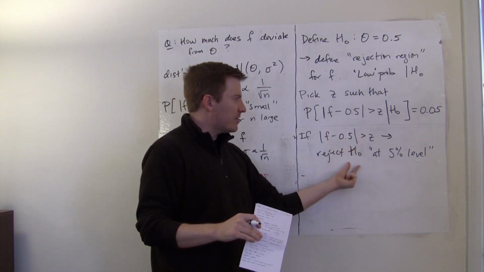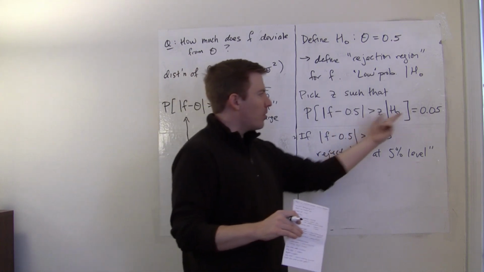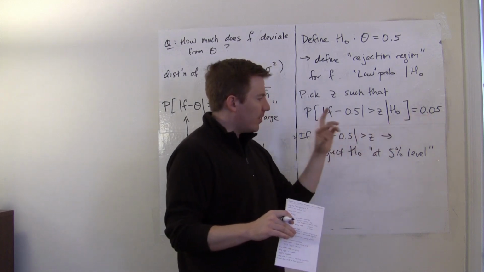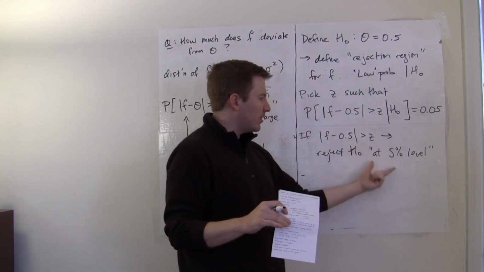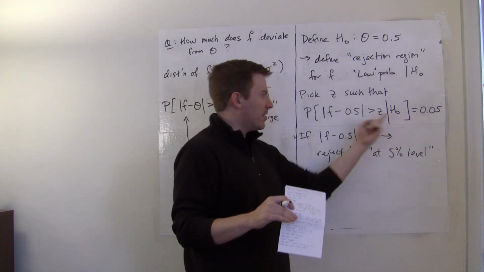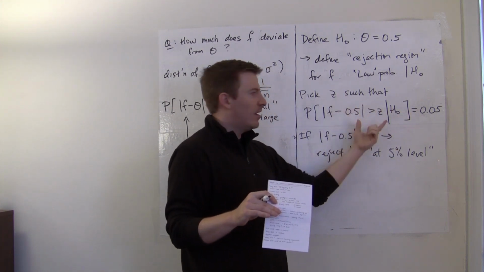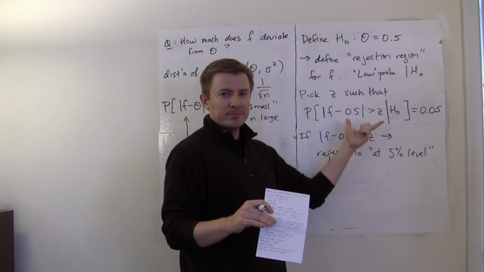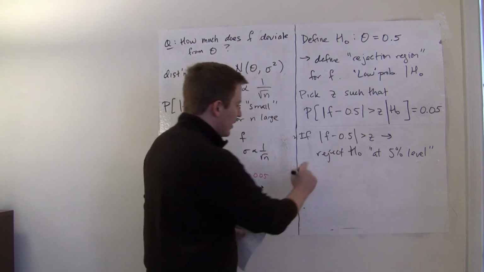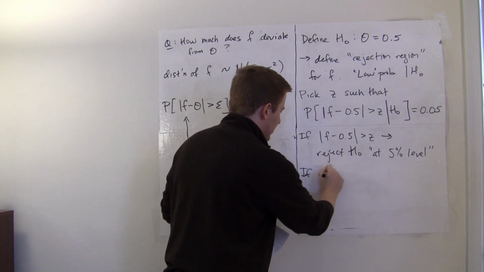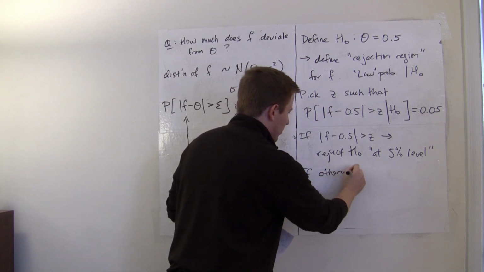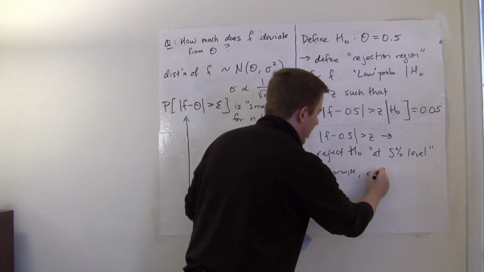And if the hypothesis is true, we know what that probability is. So the whole logic here is that the significance level is the probability that we would reject the null hypothesis, assuming that it were actually true. If it is not the case, if otherwise, then we will accept the hypothesis.